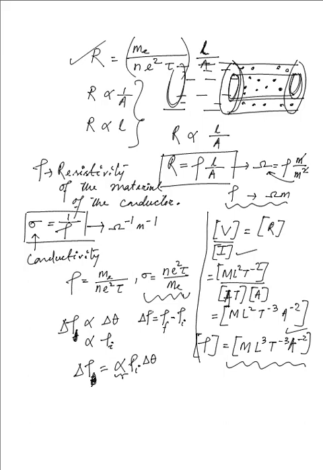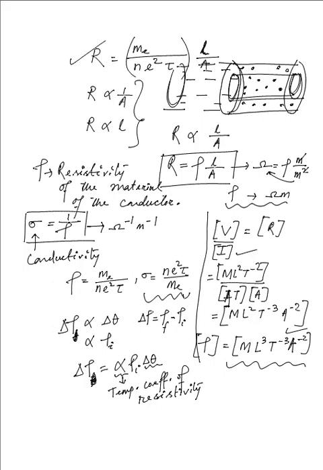This alpha is known as the temperature coefficient of resistivity, also the resistance, as you will see later. So this is the temperature coefficient of resistivity, which is obviously fixed for a material, and it determines how much the resistivity will change for a given change in temperature, given by delta theta.